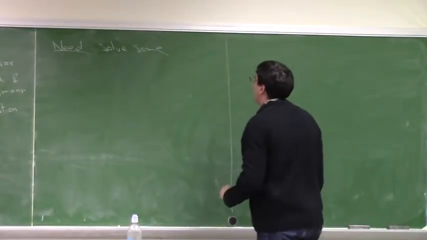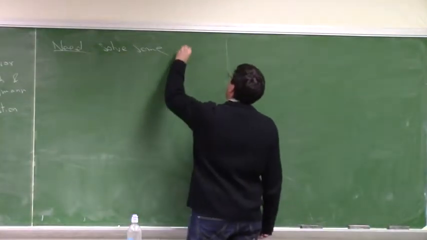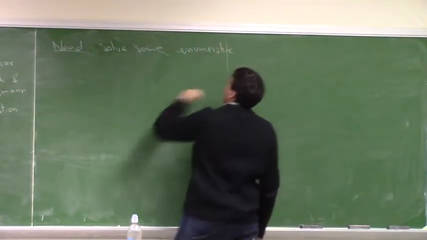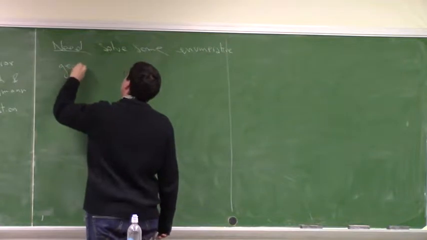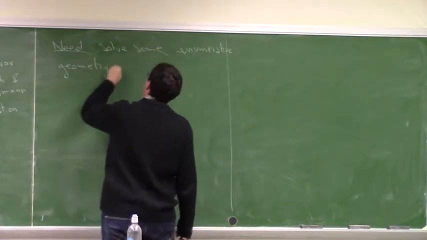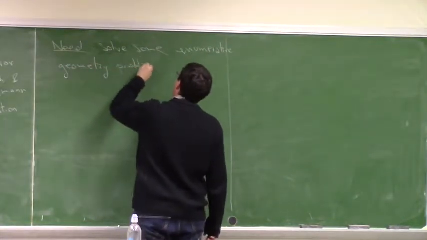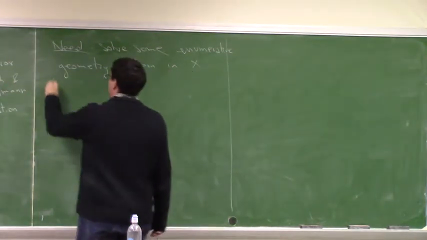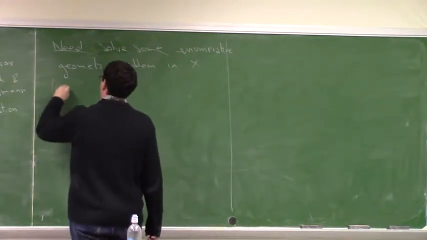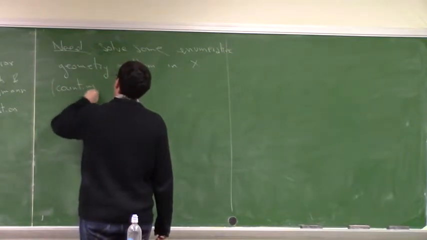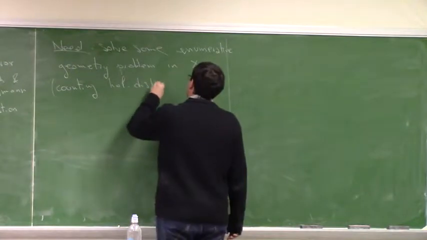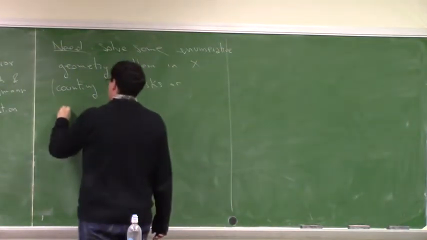So we need to solve some enumerative geometry problem, a counting problem in X, and this typically means counting holomorphic disks or cylinders.